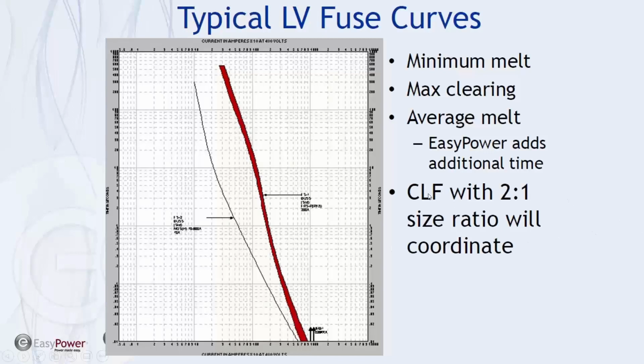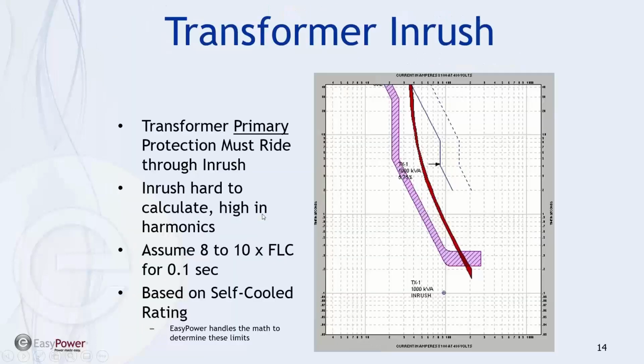Now, just as a side note, in current limiting fuses, and actually in most fuses, a good rule of thumb is a 2-to-1 size ratio will coordinate successive layers, or successive use of series coordination using the fuses.